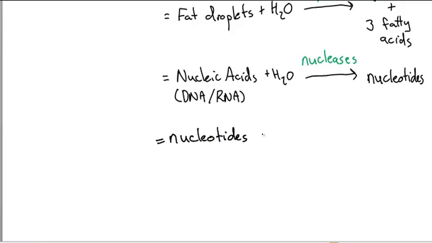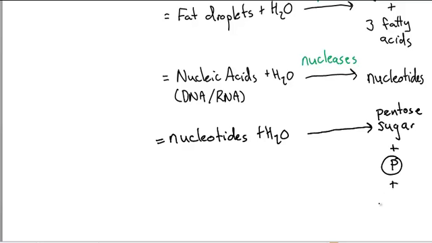So nucleotides plus H2O go to, what are the 3 components of a nucleotide? You have sugar. What shape is that sugar? How many sides? You said a pentose sugar. Excellent. Either ribose or deoxyribose plus a phosphate plus, that's right, a base.